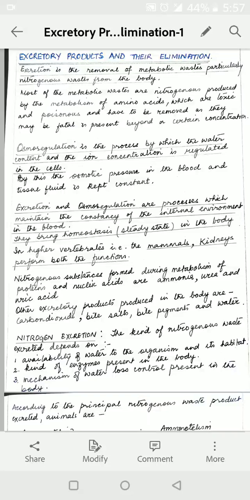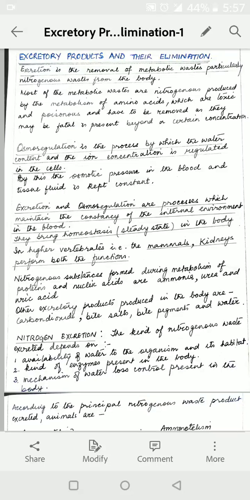Then there is another important term about which we should know, that is osmoregulation. Osmoregulation is the process by which the water content and ion concentration is regulated in the cells.